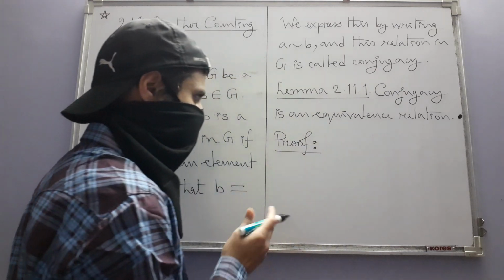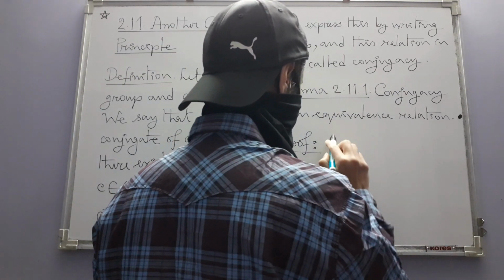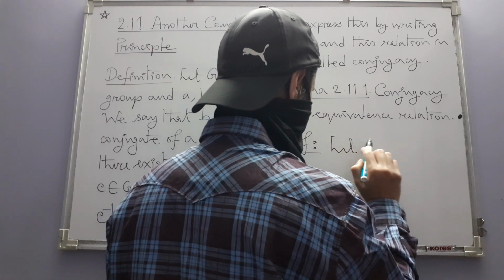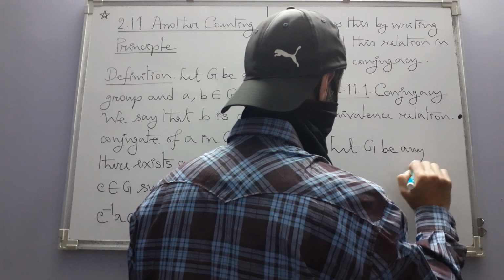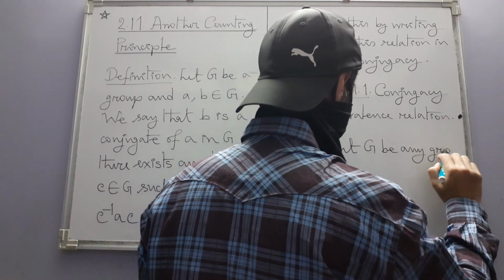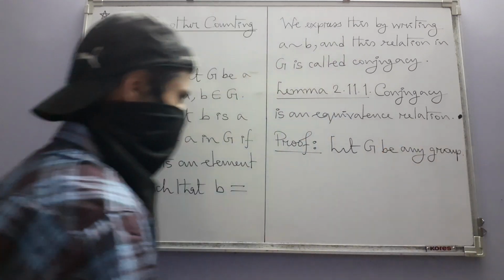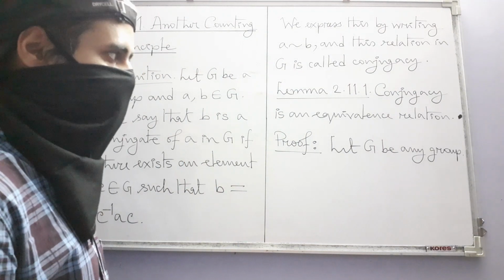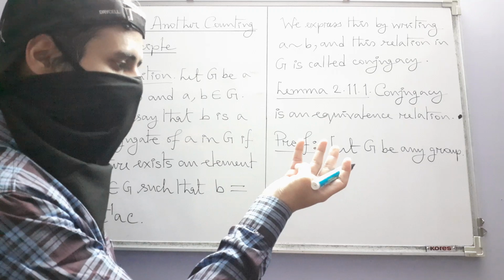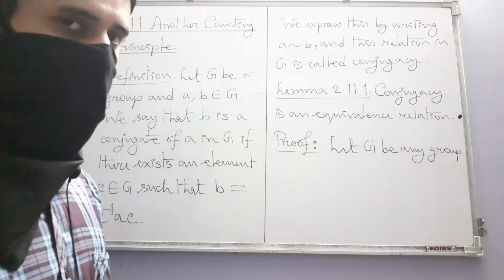So the proof is really very straightforward. Let G be any group. To show that this is an equivalence relation, we have to show that it is reflexive, symmetric and transitive, the usual things.